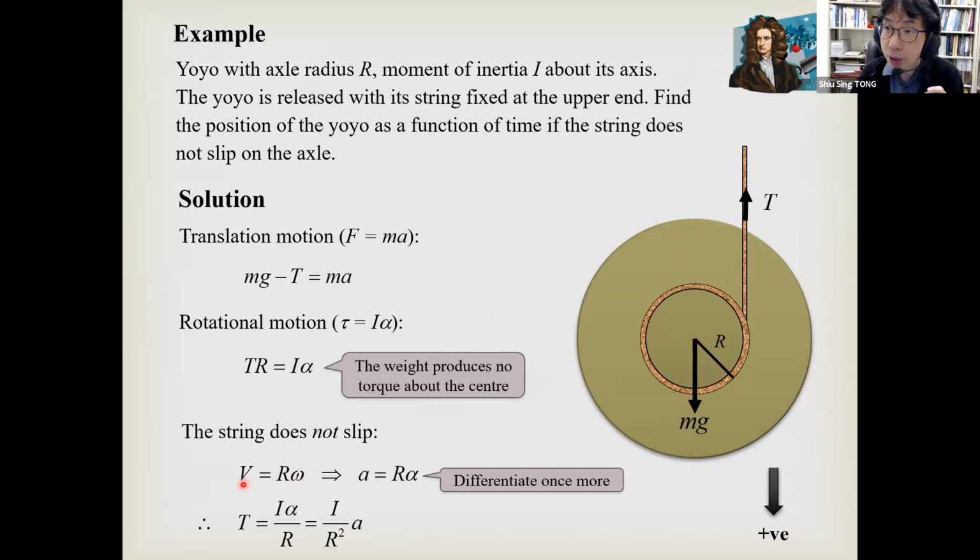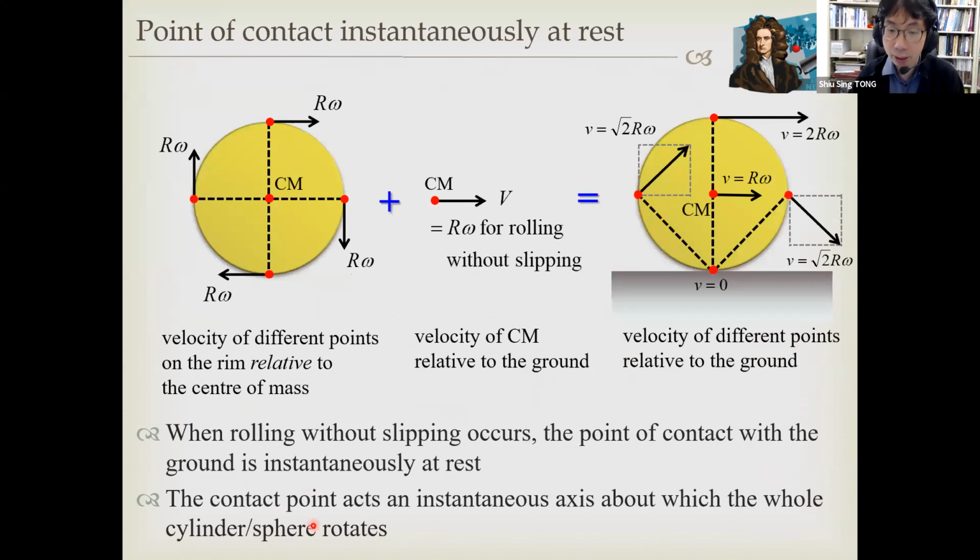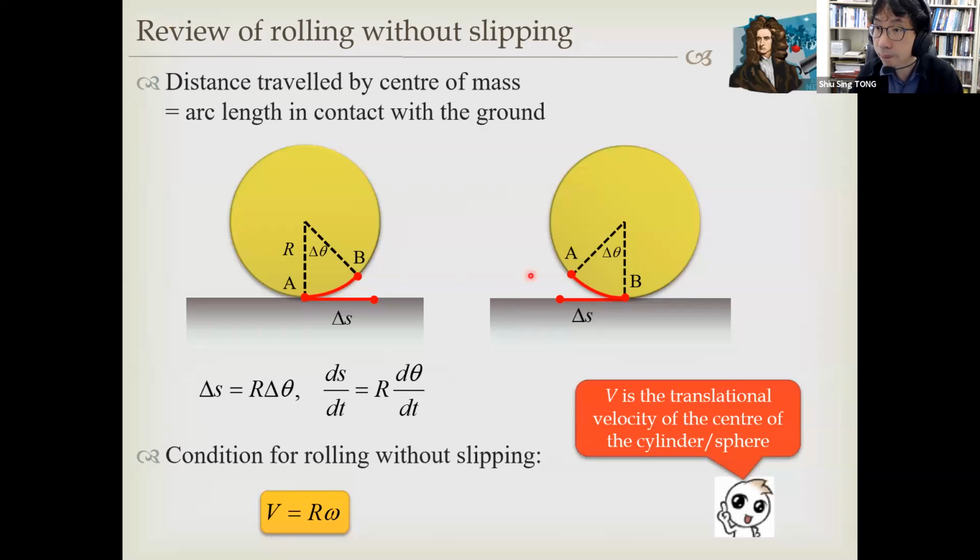The linear velocity of the center of mass can be related to the angular velocity: V equals R omega, where V is the velocity of the center of mass and omega is the rotational speed of the yo-yo. They are related in this simple way because the string, when it uncoils on the yo-yo axle, does not slip. So the no slip condition applies, just like this case.